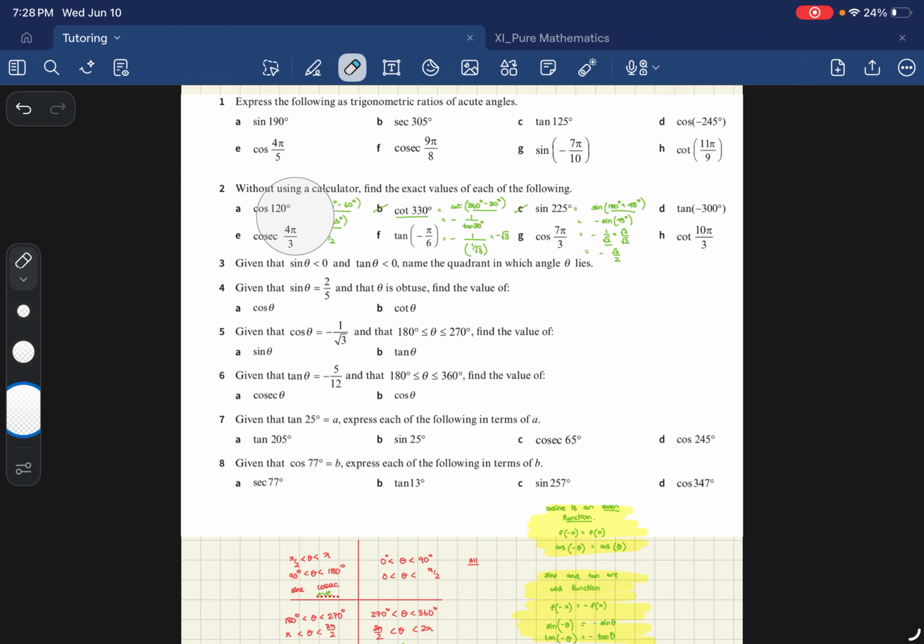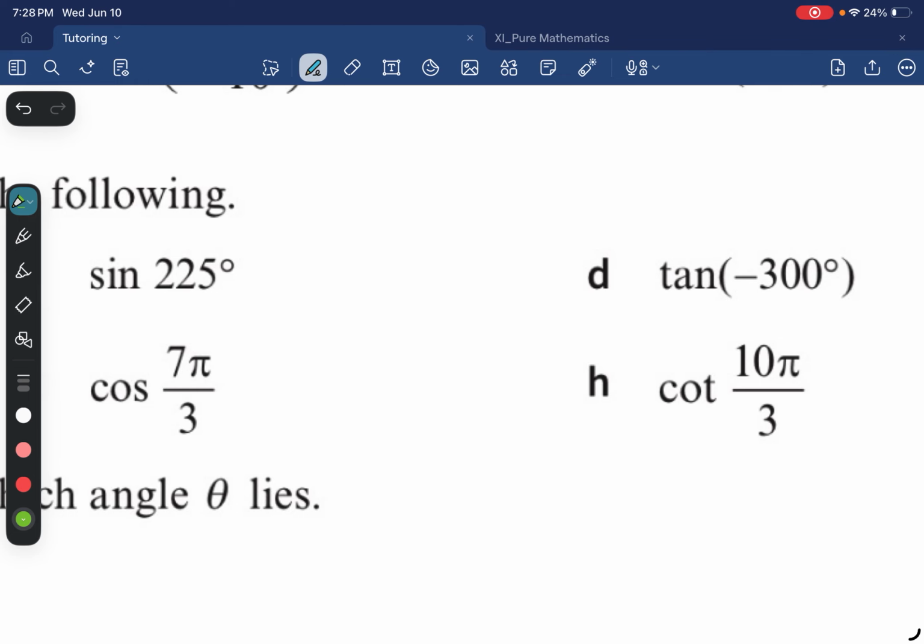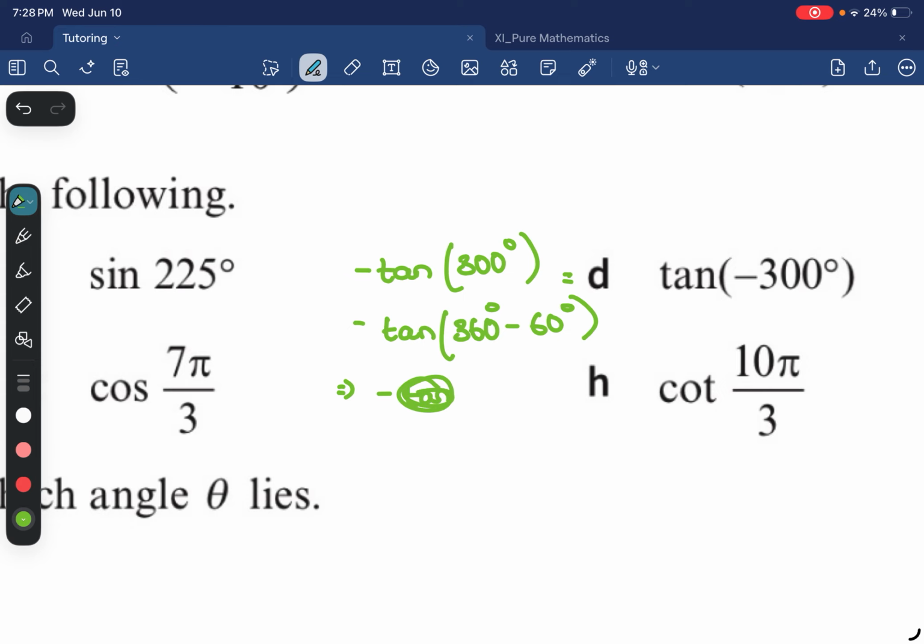All right. Okay. So tan of negative 300. Remember, tan is an odd function. So you can write it like this first, negative tan 300, and then tan of 360 minus 60 degrees. Now remember, we are evaluating this expression, right?